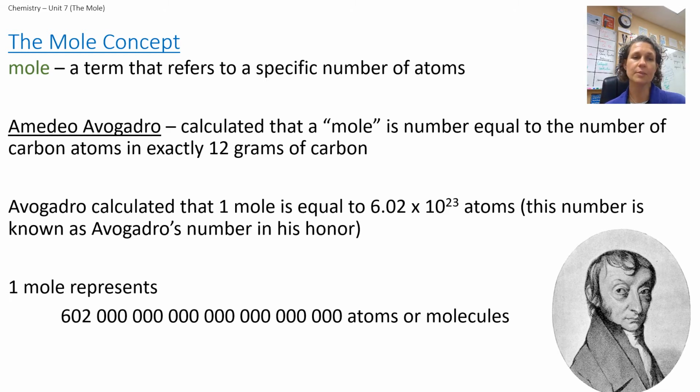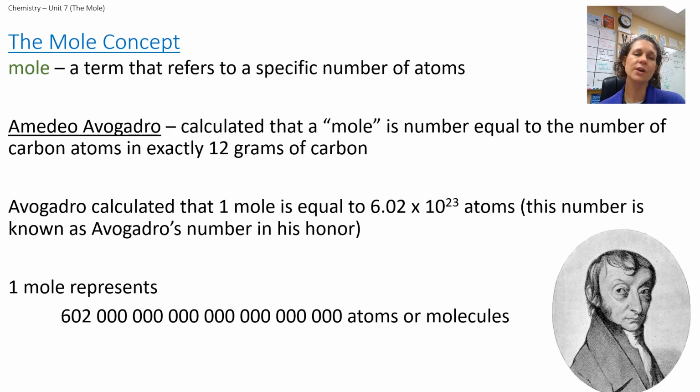So a guy named Amadeo Avogadro was really good at math and really good at chemistry and physics and all those things. And he calculated that a mole, which was just a shortened version of molecule, is a number that is equal to the number of atoms for any different type of element on the periodic table.